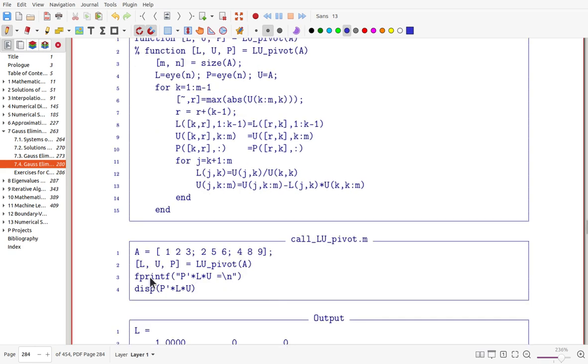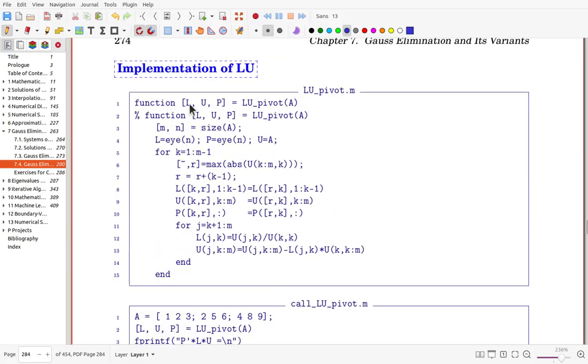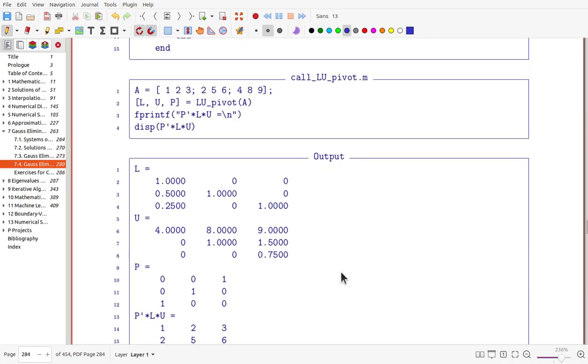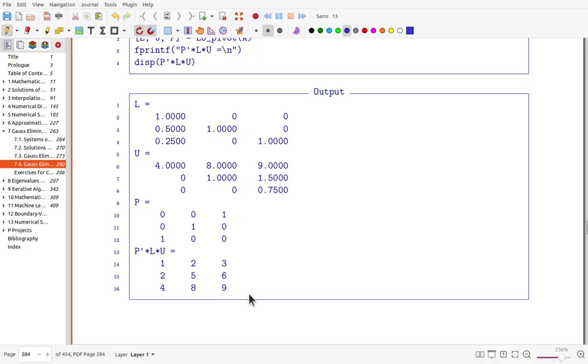And here we have now LUP, the order is LUP. Then for the matrix, this is L, and there is U, and this is P. Once we multiply P transpose LU, then we'll recover the original matrix.